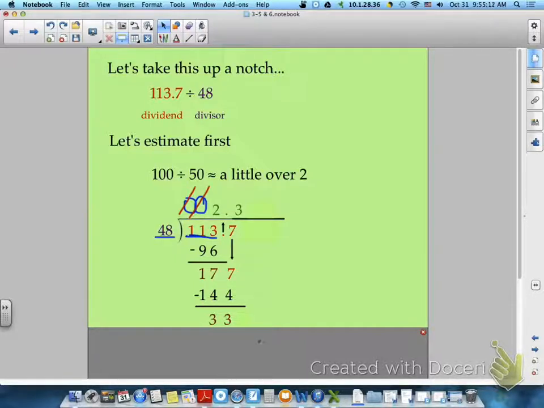Did you learn in 4th or 5th grade about the loop? I think they call it the DMS loop. Division, multiplication, subtraction. You just keep doing the same thing over and over again. So that's all this is, but there's a decimal point.